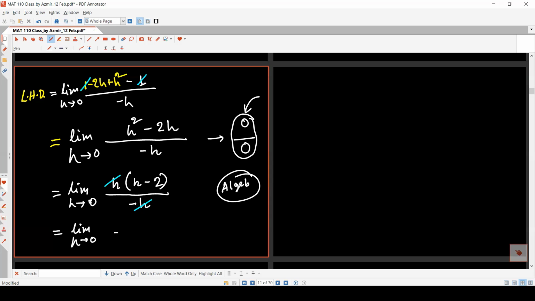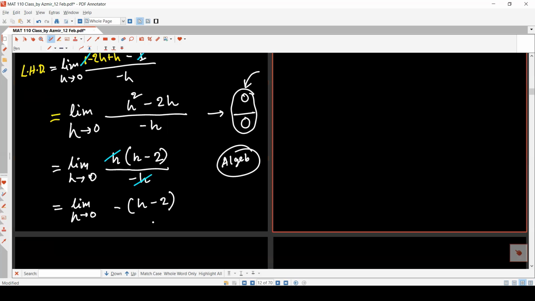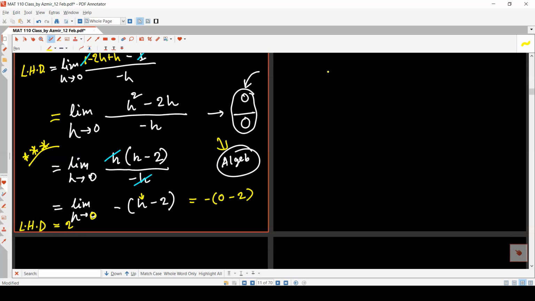There is a minus coming from the denominator. So we have minus times (a minus 2). So we can now input the value of a. So a is 0. We can plug here. It will be negative (0 minus 2). That means left-hand derivative becomes 2.